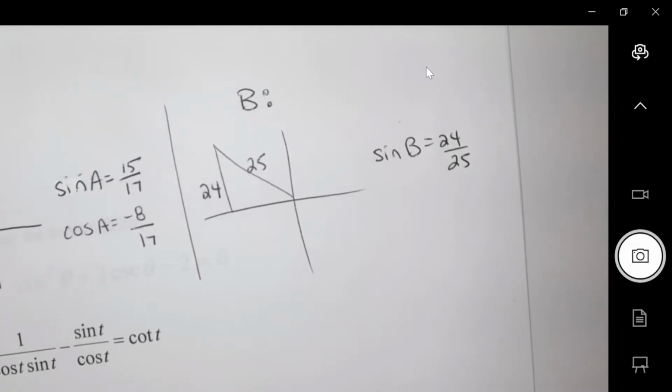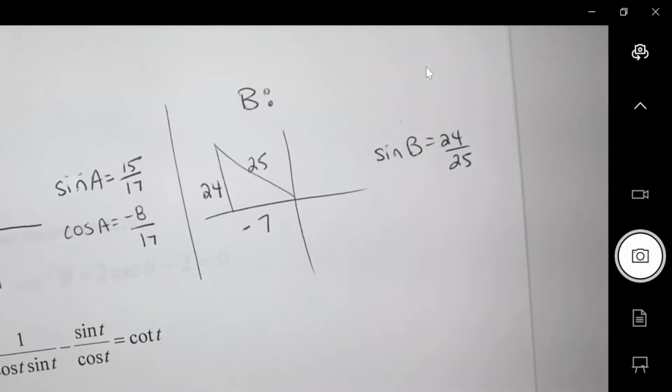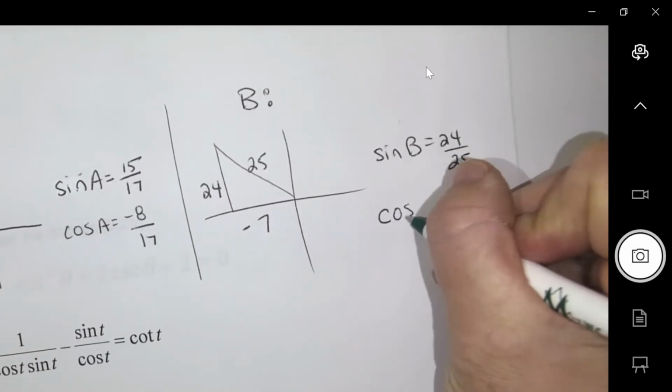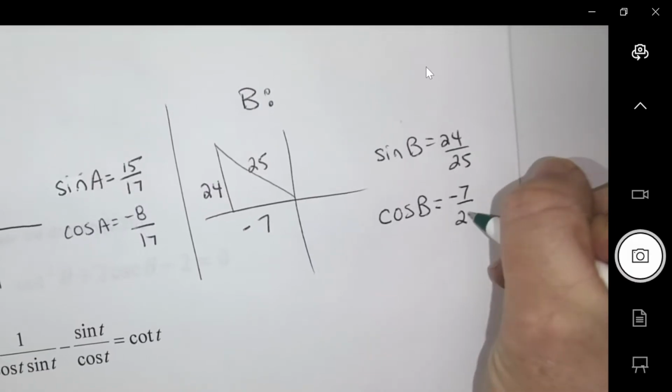And, did anybody already do it? Square root? 7. But we need a negative 7 on it because of its location. Alright, so this is going to be the cos ratio of negative 7 over 25.